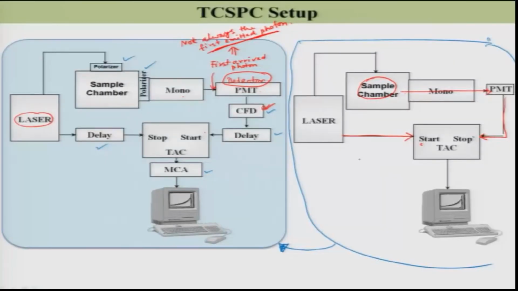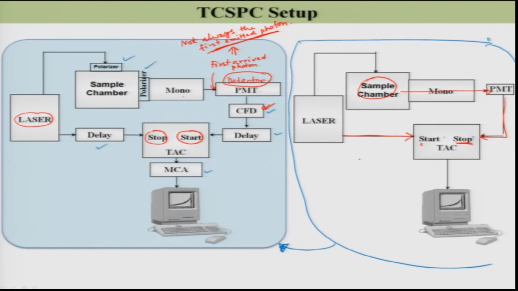Then it will be used as a stop here. But you notice here that I have just changed the start and stop this way. I have written stop here and start here. So this is the correct one, and this is the wrong one.